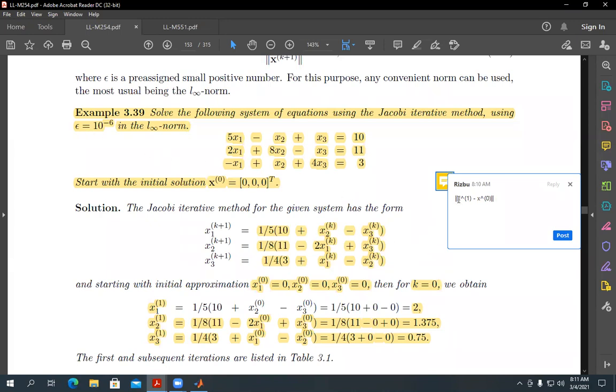If the difference between x1 and x0 is less than 10 to the power minus 6, then stop, otherwise continue. What is your x1? Your x1 is the first approximation, 2, 1.375 and 0.7. What is your x0? It is given as 0, 0, 0. What is the L infinity norm now, please? Any student?